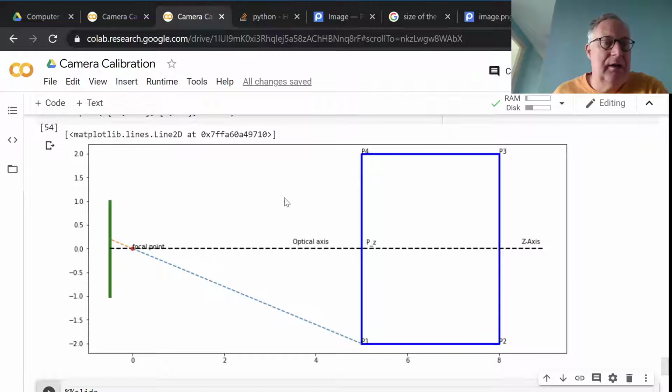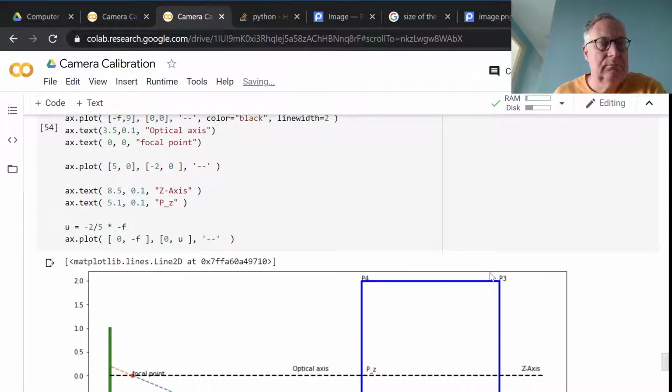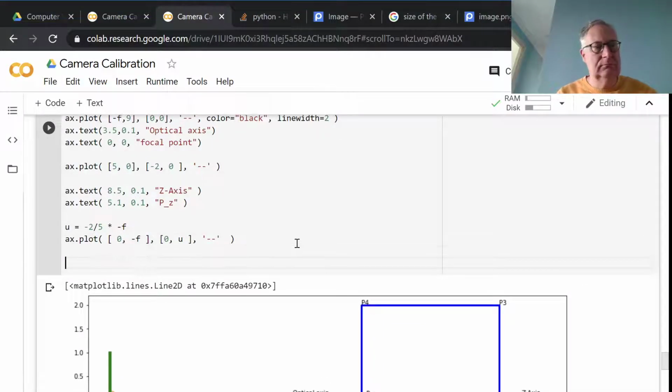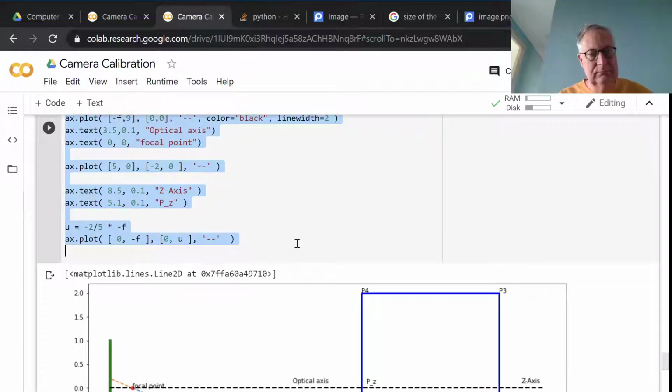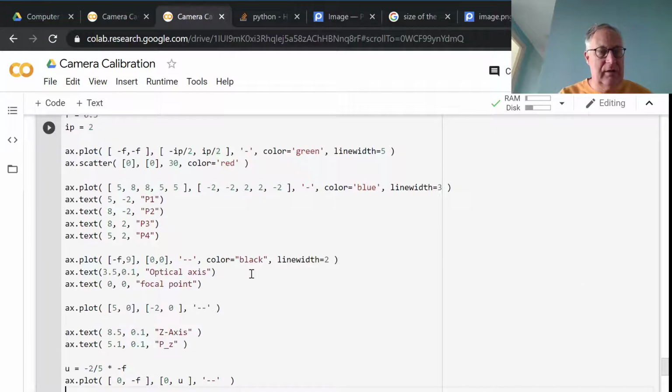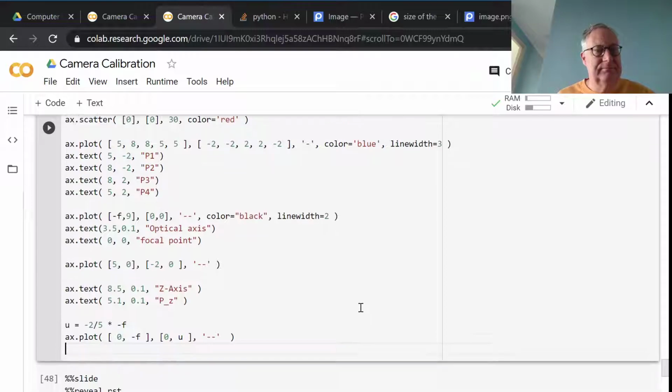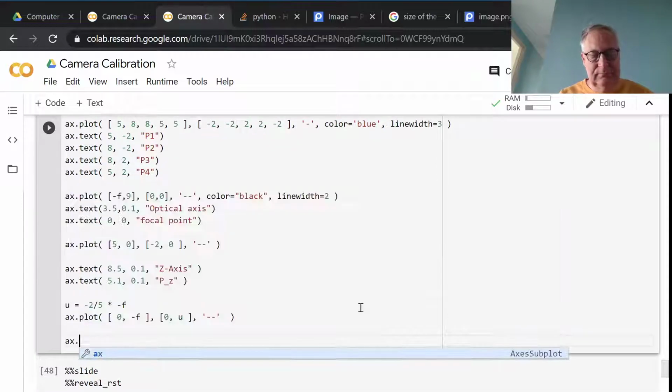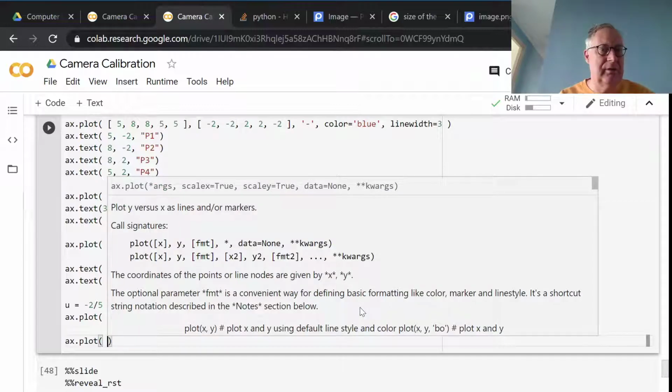You can now try and plot the line from P3 to the focal point and where it hits the image plane. So try that for yourself, without looking at my code for the solution.